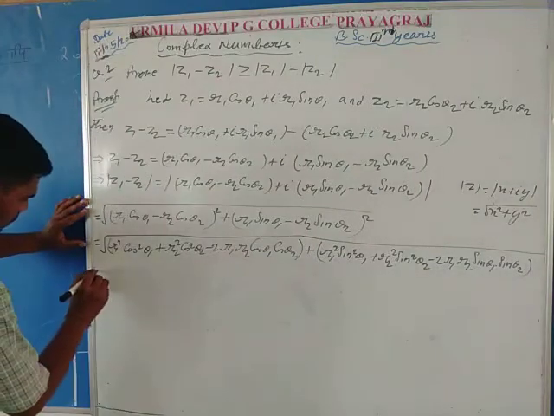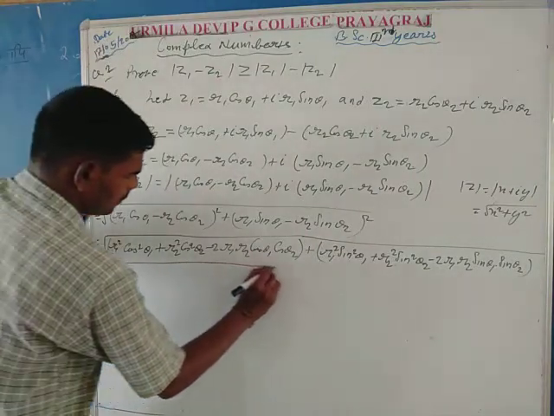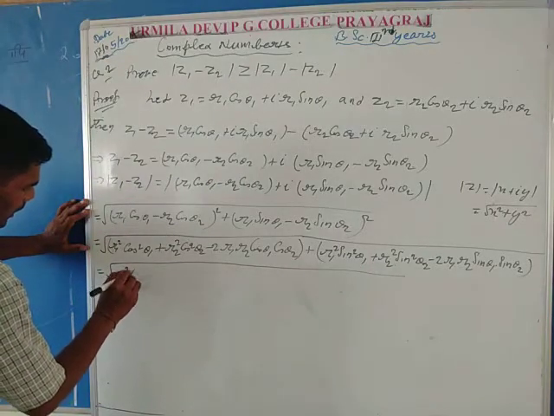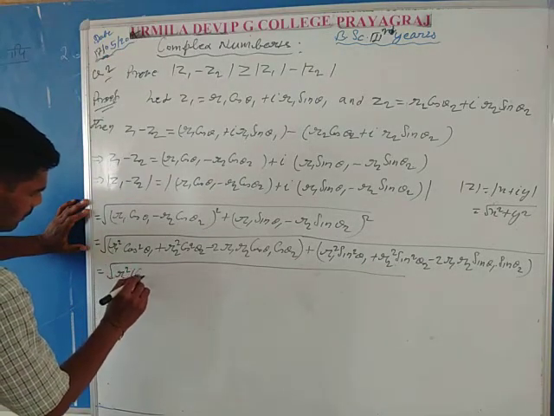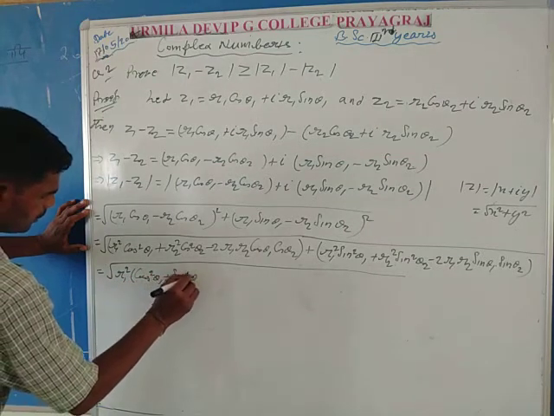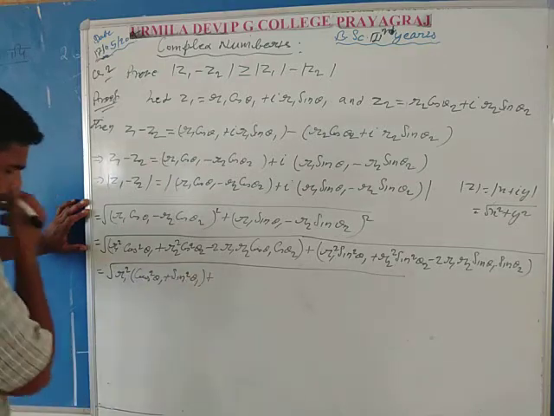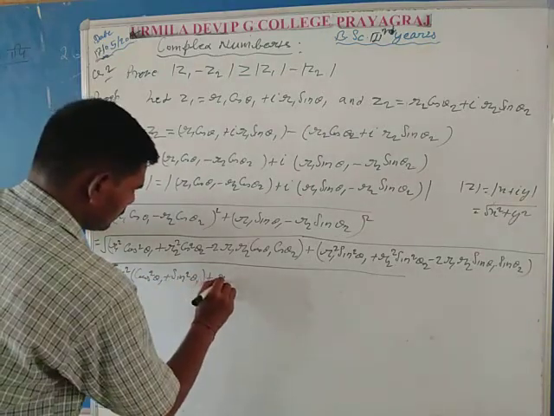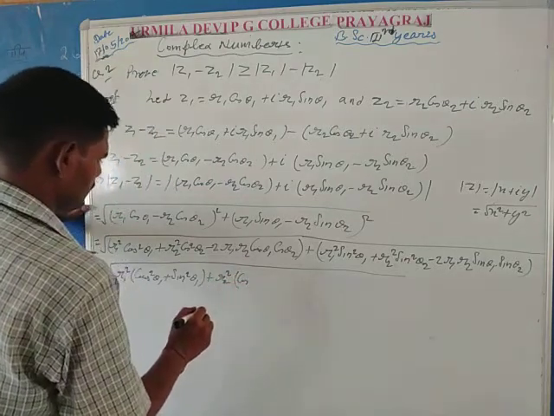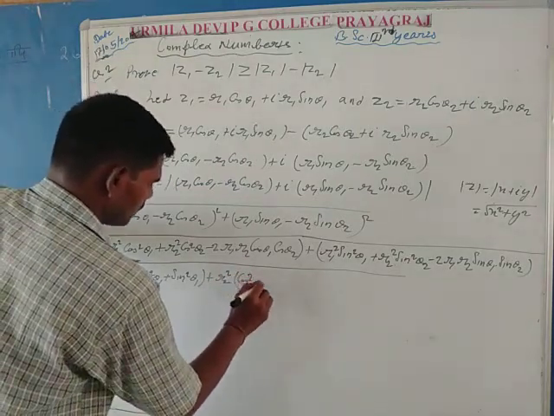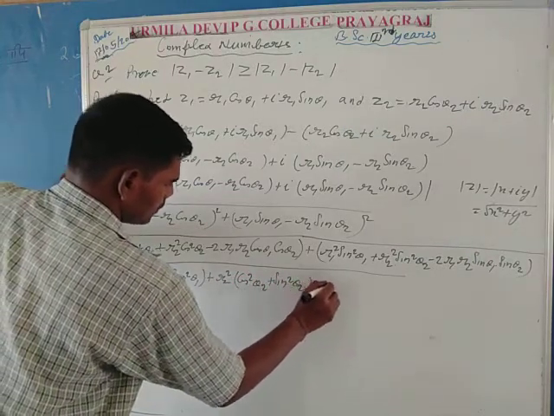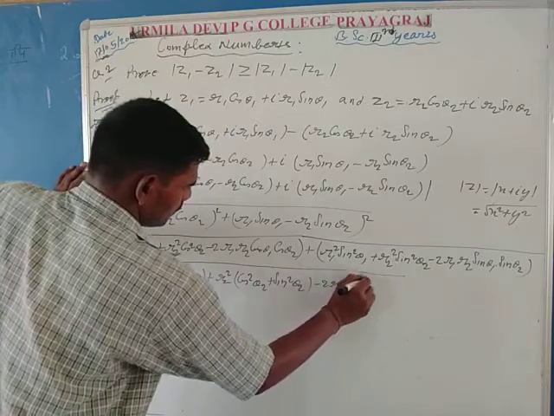So it is equal to under root of R1 square taken outside, and in the bracket will be cos square theta 1 plus sin square theta 1, and the same as R2 square, in the bracket cos square theta 2 plus sin square theta 2, minus 2 times R1 R2 in the bracket.